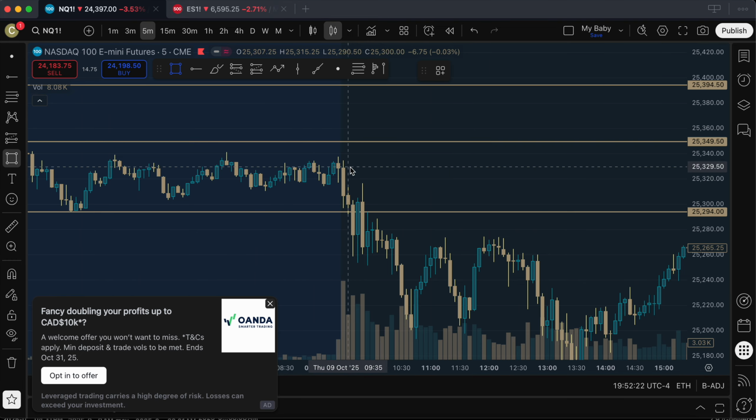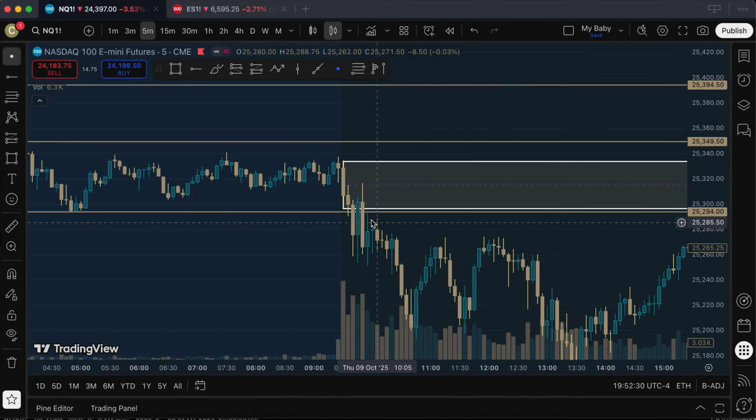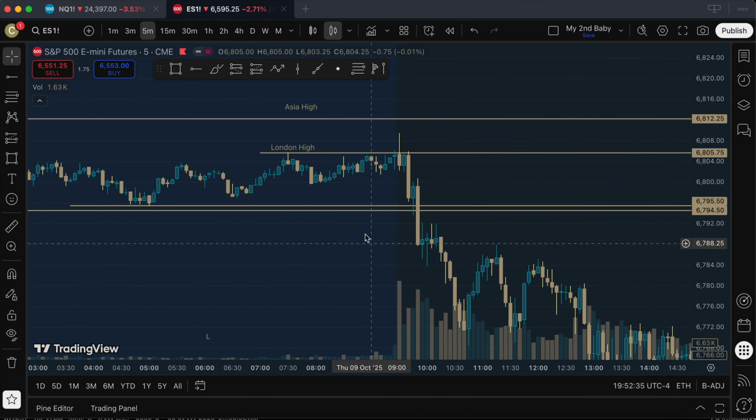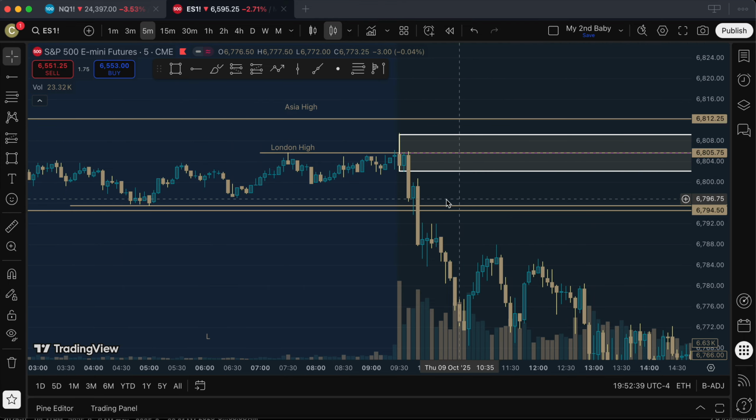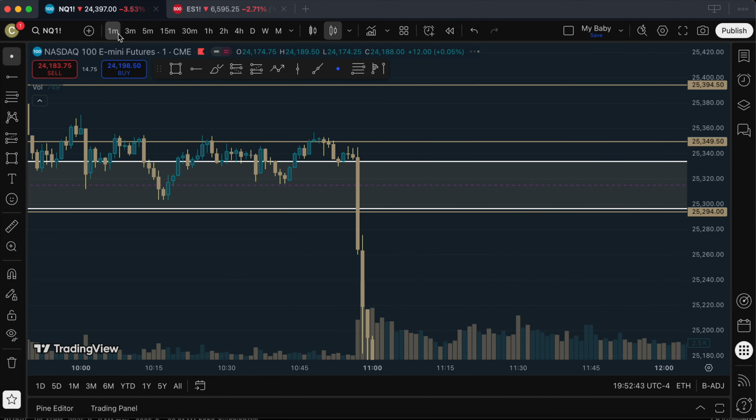What is left to do now is we take the high and the low of our first 5-minute candle of market open on both ES and NQ. Here we have our high and our low. And what I usually do after that is I jump right away to the 1-minute chart.